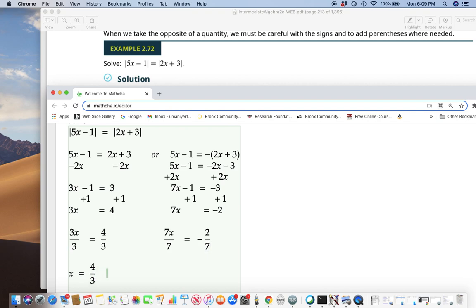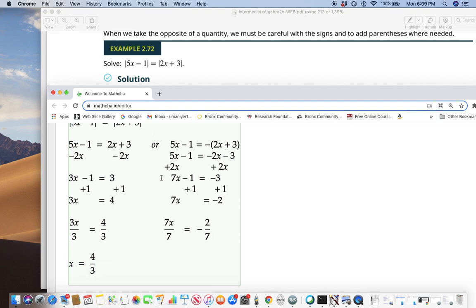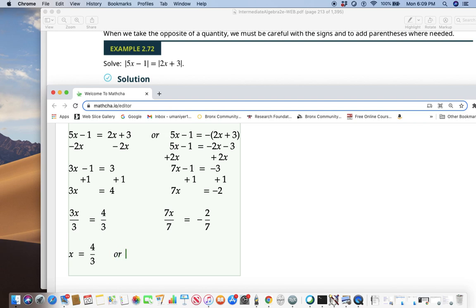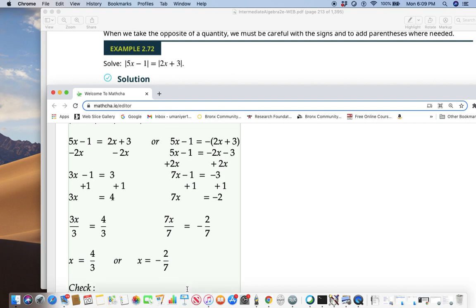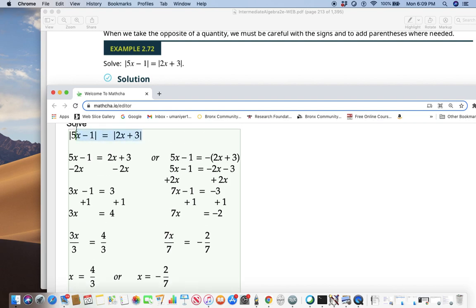So, remember the or, that's what comes down. Or x equals negative 2/7. So these are your two options. Alright, we should check my original equation.